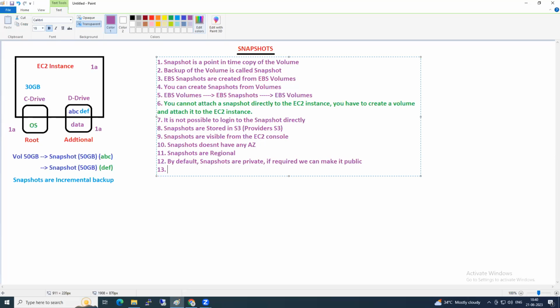So a snapshot can be copied from one region to another region. Yes. A snapshot can be shared from one account to another account using AWS ID. These are all super certification questions. You can copy the snapshot from one region to another region in the same account.